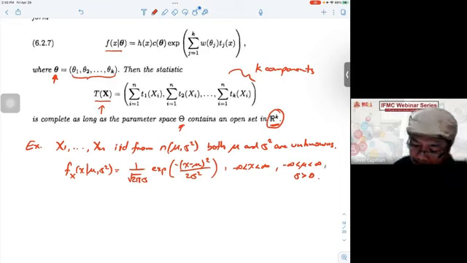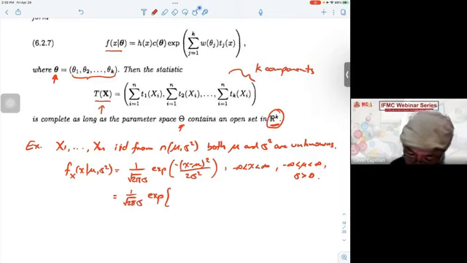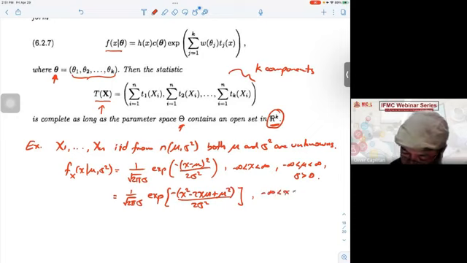Pero pwede na itong wala yung condition for the parameter. So, we have now 1 over the square root of 2 pi sigma exponential function, then we have the negative x square minus 2x mu plus mu square divided by 2 sigma square. Okay, so we can write this as 1 over square root of 2 pi sigma, we have the exponential function of the negative mu square over 2 sigma square.